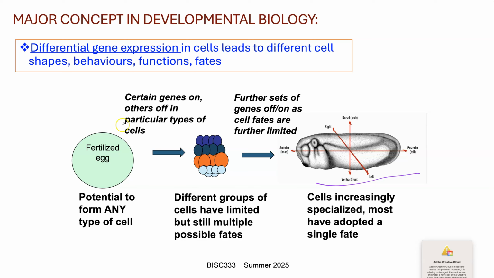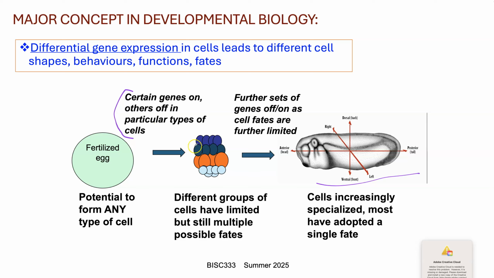And that is because after cell division, each of the first few cells that are formed has certain genes that are turned on and others that are turned off. So some genes are activated that are required for a particular function. Others are shut off because they're not needed in that cell type.